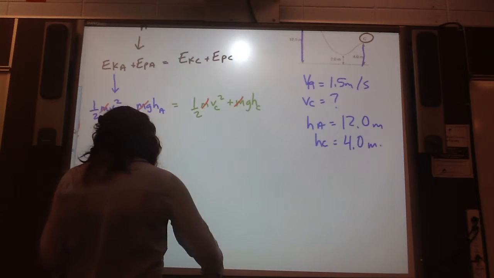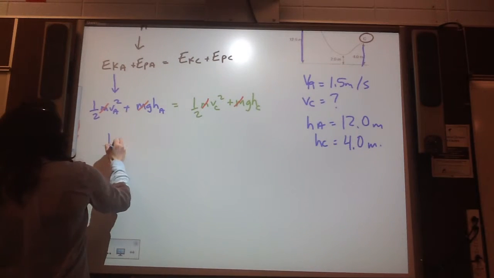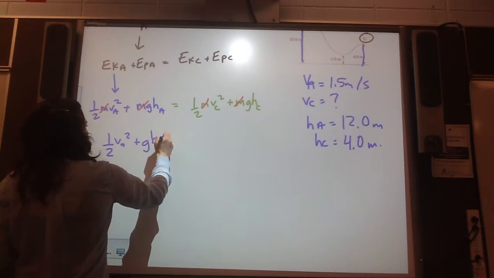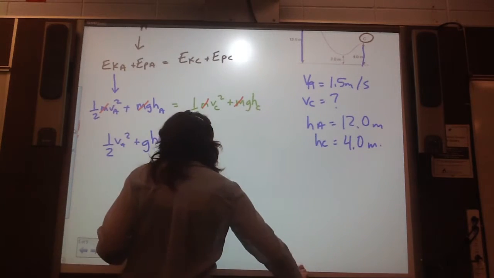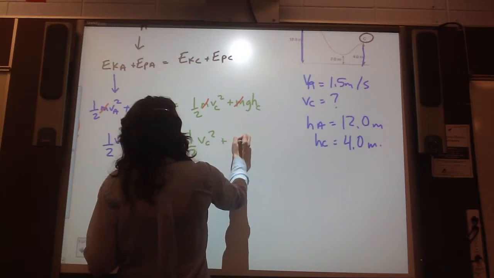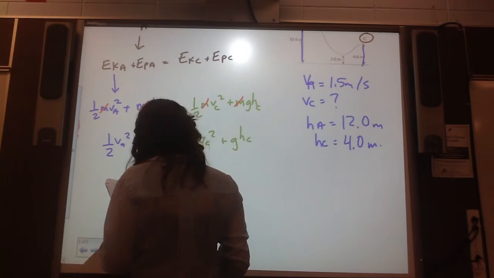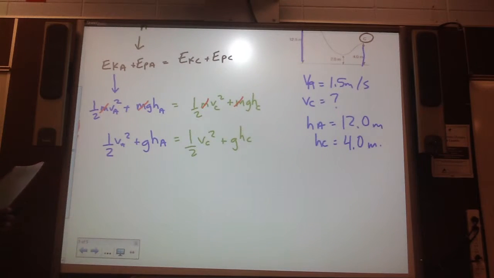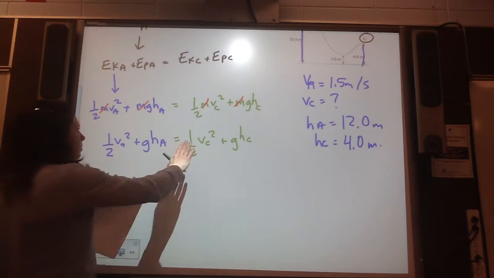Okay, so let's summarize then. Half VA squared plus G times HA is equal to half VC squared plus GHC. I'm looking for VC, but I'm gonna keep that by itself.